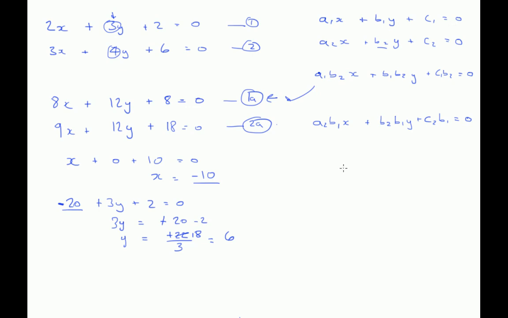So subtracting one from the other, we did it the other way around here because it was convenient to take the smaller numbers from the larger numbers, but it doesn't matter which way you do it. And indeed, we could call this 2 and this 1, therefore these would represent the opposite simultaneous equations.